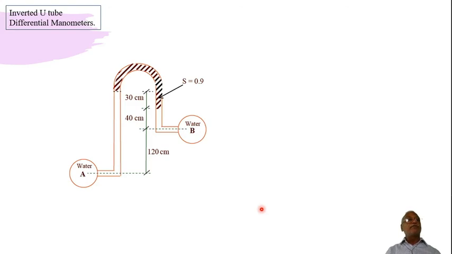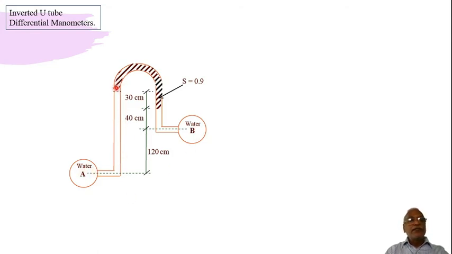Okay, here I have a problem for you to practice. I'll discuss the problem, I'll not be solving the problem. So carefully note down all the information that I'm going to give you now. There is pipe A, pipe B. The level difference between pipe A and pipe B is 120 centimeters, so to say 1.2 meters. And it is water here. Obviously, here also it is water there.